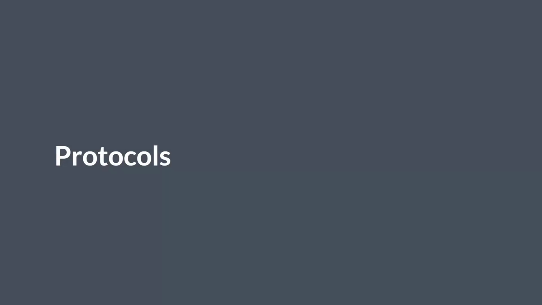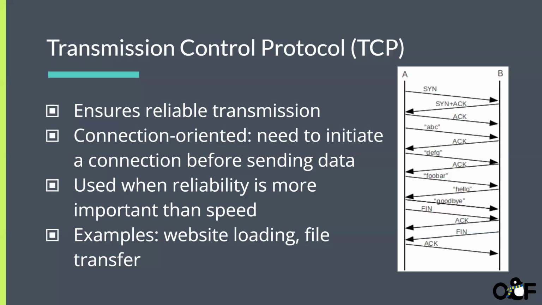TCP is the former, which does a sequence of going back and forth to guarantee that you actually got the data. You send data with a variety of flags, and these flags denote what that information is intended to do.